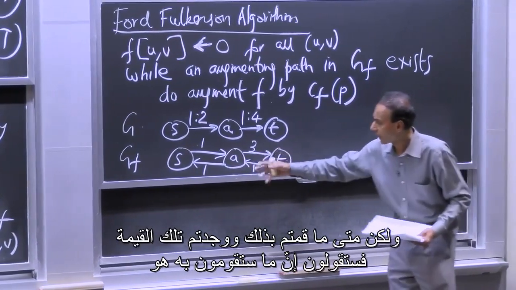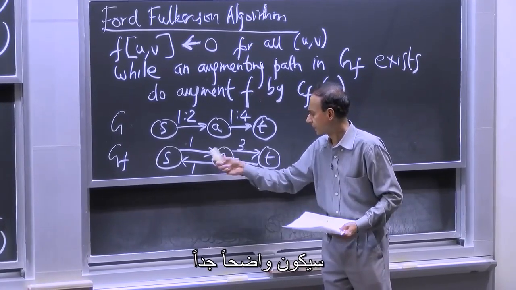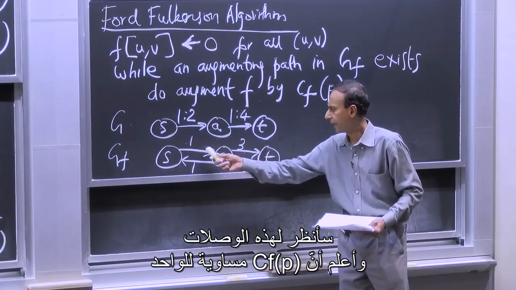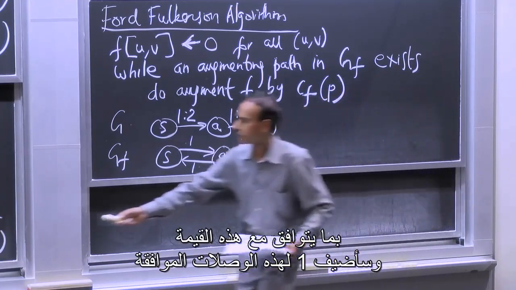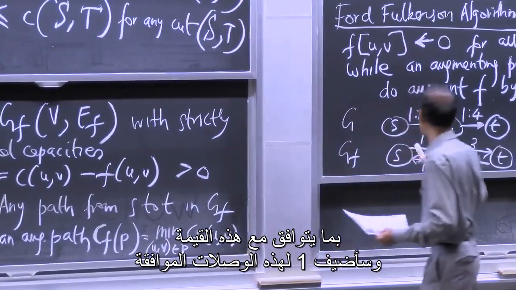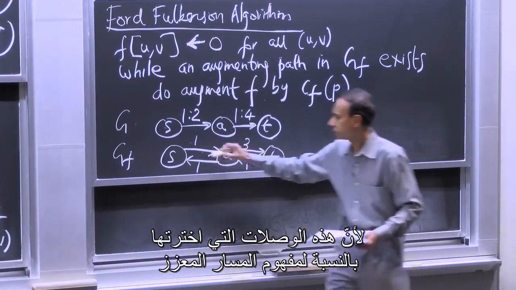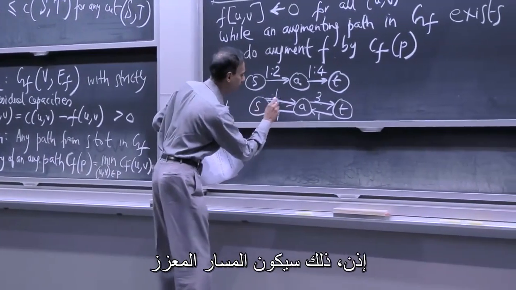But once you find that, what I'm going to do is pretty straightforward. I know that I have c_f of p being a 1, and I'm going to add 1 to the corresponding edges, because these are the edges that I actually chose in terms of the augmenting path. So the augmenting path is that.